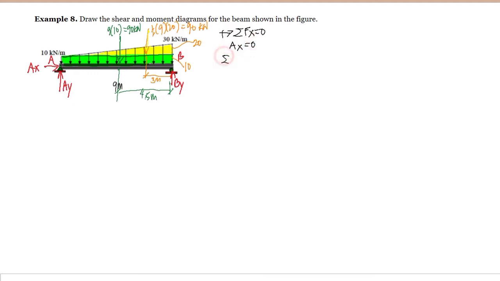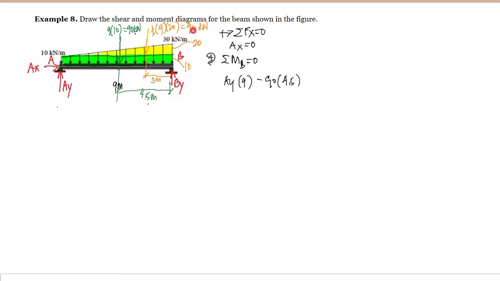And if we summate moment at point B equal to 0, taking the clockwise direction as positive, AY will create a clockwise rotation, so we have AY multiplied by the distance of 9 meters. This 90 kilonewton, the resultant of the rectangular load, would rotate counterclockwise, so this is negative 90 multiplied by the moment arm, that is 4.5 meters.